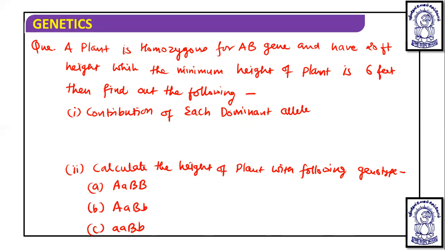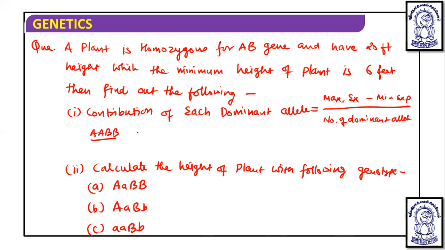If we want to identify the contribution of dominant allele, the formula is going to be what? Maximum expression minus minimum expression upon number of dominant allele. So if we see the homozygous for AB, that is capital A, capital A, capital B, capital B, the given height is 20 feet.